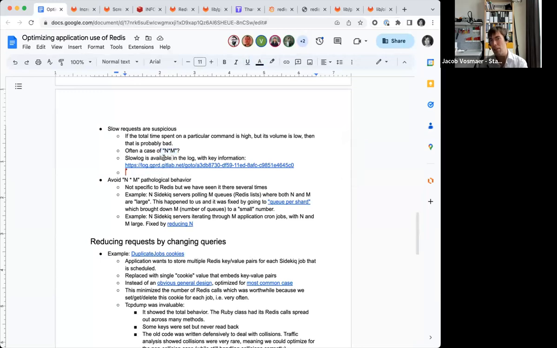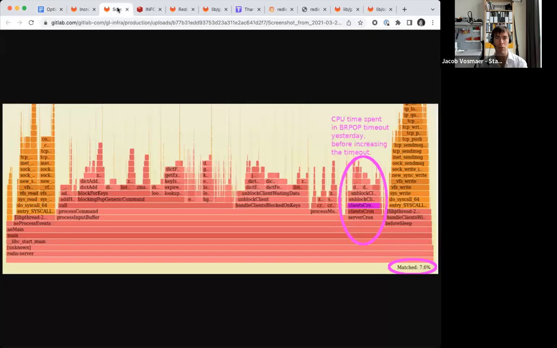The slow log shows you outliers, I think. So I don't think these BR pops, thank you for whoever posted that. But if we look at this, sorry, where did the picture go? These blocking pops were not going to be in the slow log, maybe because they're excluded because they block, but I don't know.